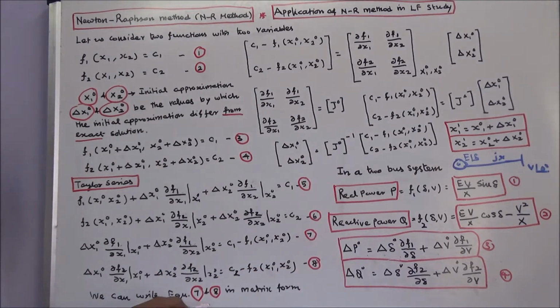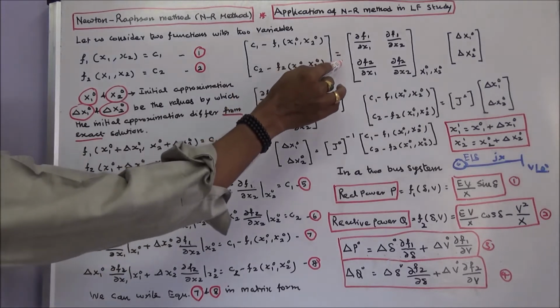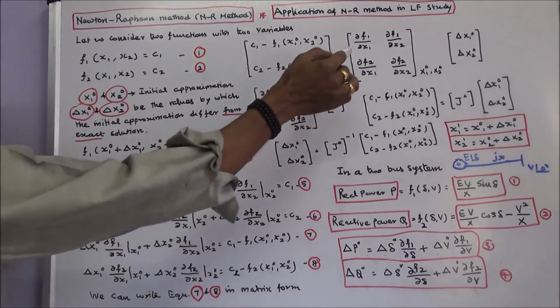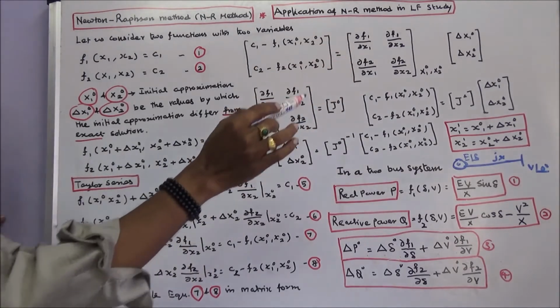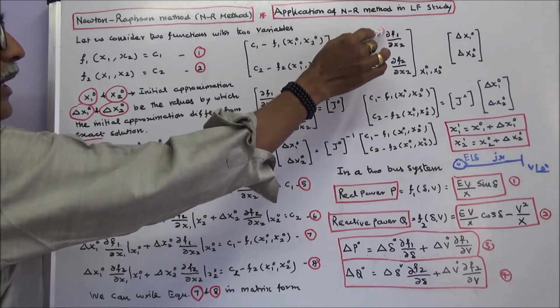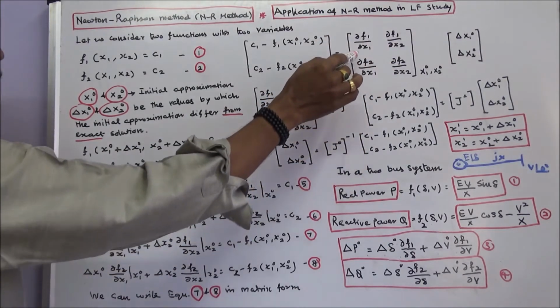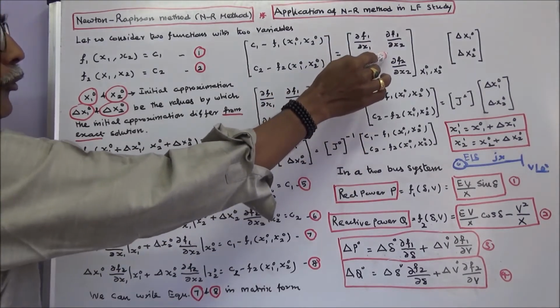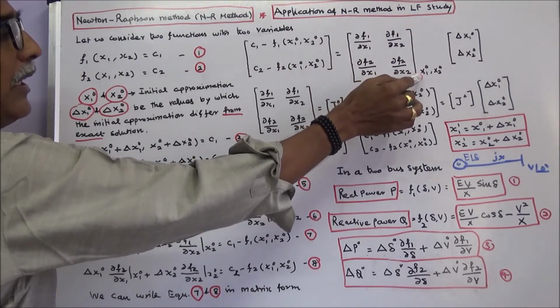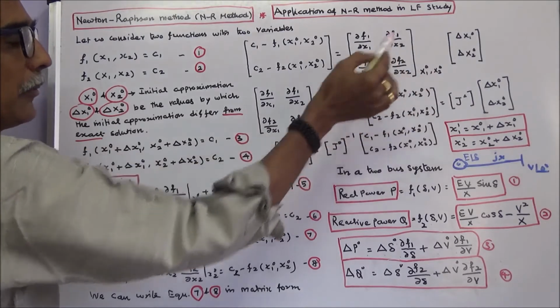Equations 7 and 8 can be written in matrix form. This is the matrix form of these two equations. This matrix is the Jacobian matrix, that is dou f1 by dou x1, dou f1 by dou x2, dou f2 by dou x1, dou f2 by dou x2 with the initial approximation of x1 naught and x2 naught.